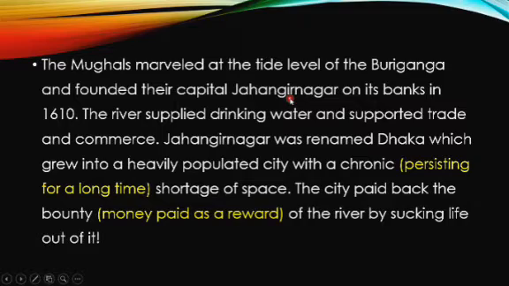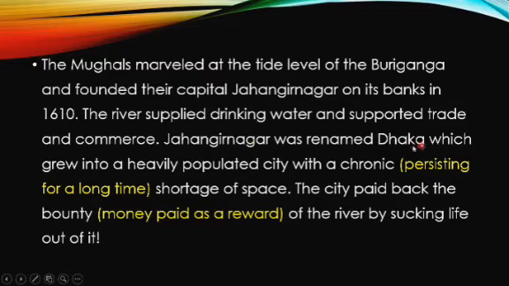Later on, the name was changed into Dhaka. The river supplied drinking water and supported trade and commerce. And at that time, the river was the main source or way of communication.